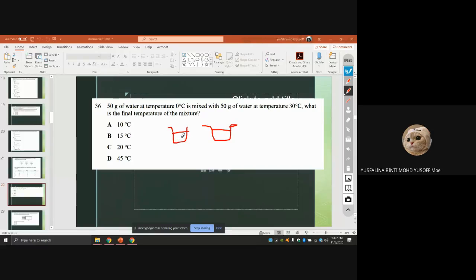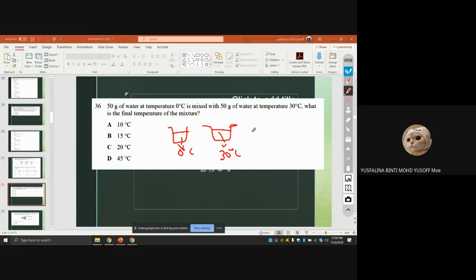This one is at 0 degrees Celsius, this one is 30 degrees Celsius. When I mix both of the water, I want to find the final temperature of the water after it is mixed.